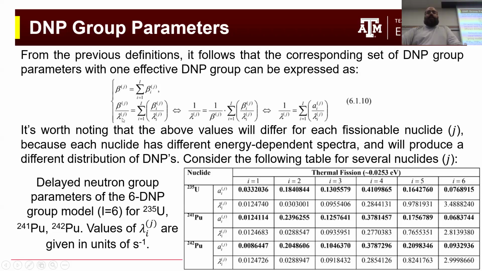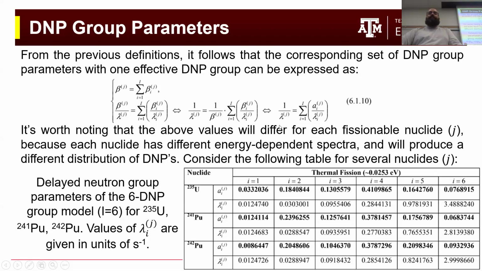It can also be useful to have beta over lambda, which is summing up the individual betas over lambdas for all of my groups. We can rearrange this equation to put the overall beta on the other side, throw it inside the sum, and inside the sum we have beta I over big beta, and by definition that is the abundance.